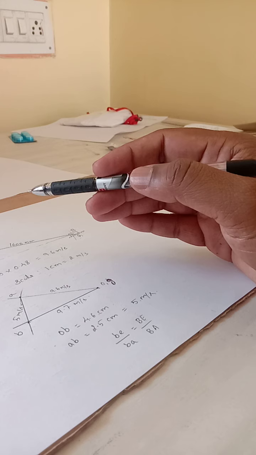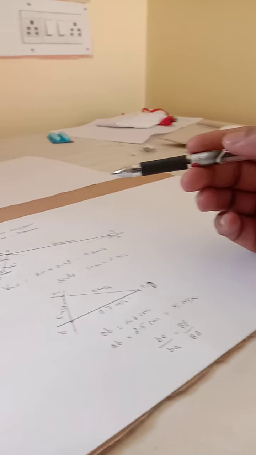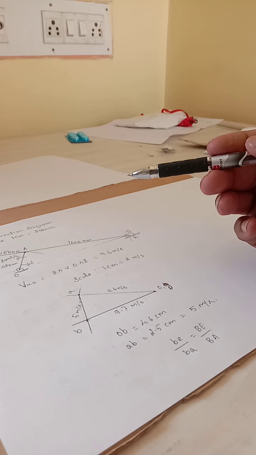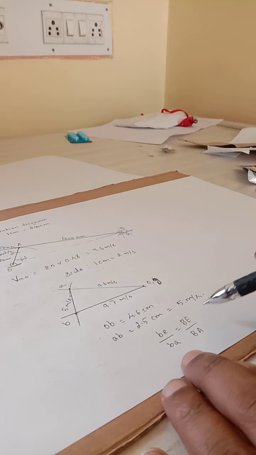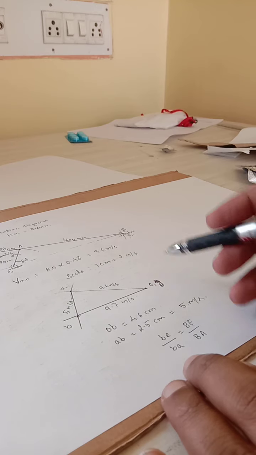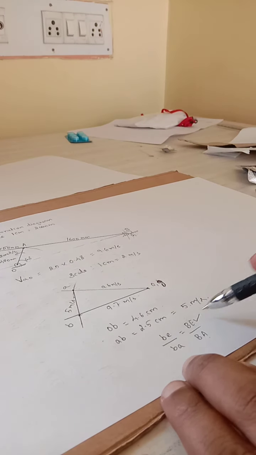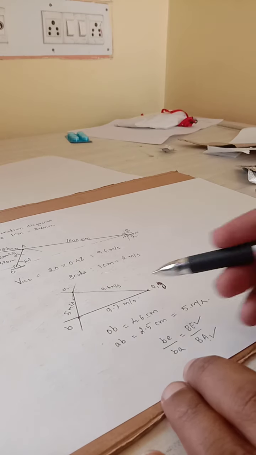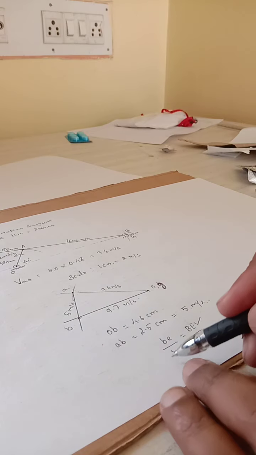So I know that length. All the things are known: BE is known, the length AB is also known, and this velocity AB is also known.